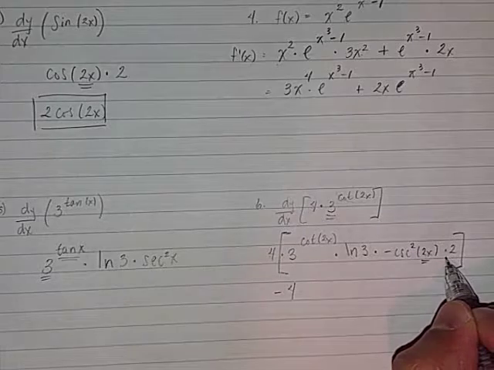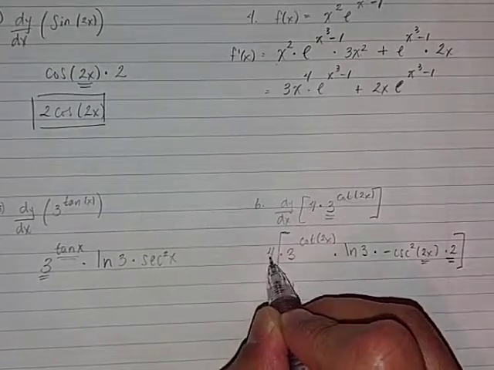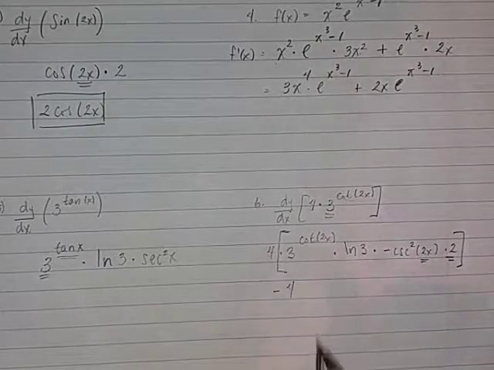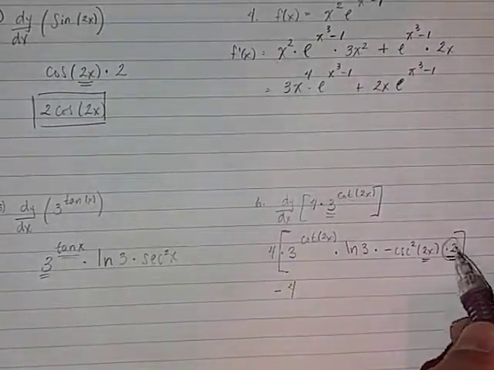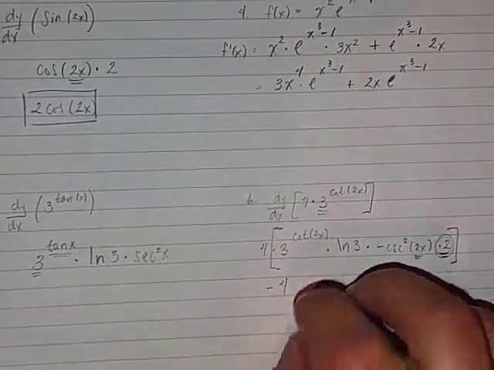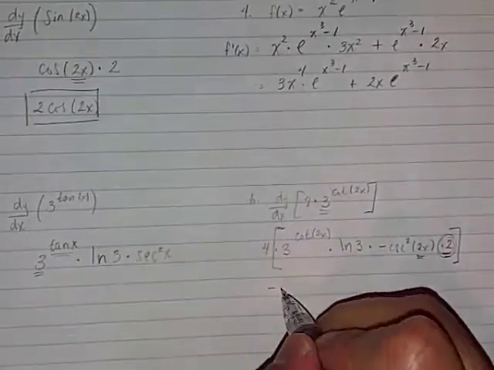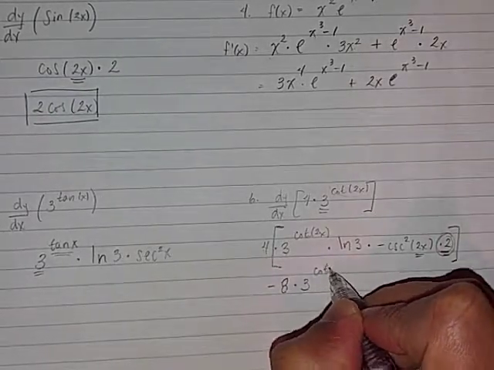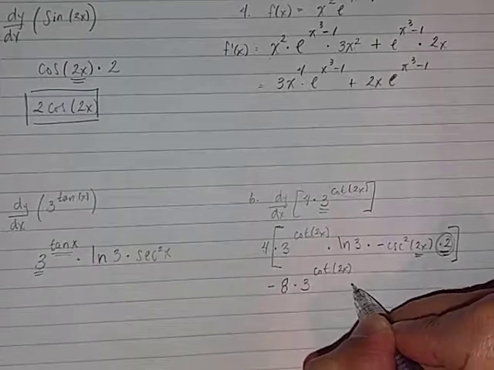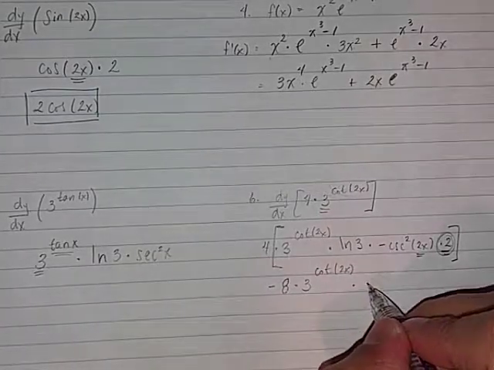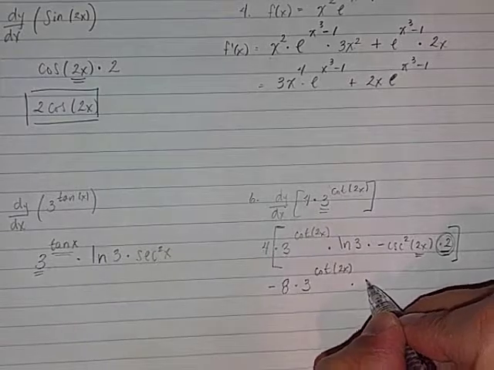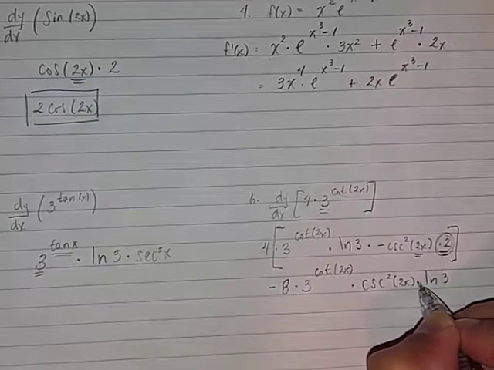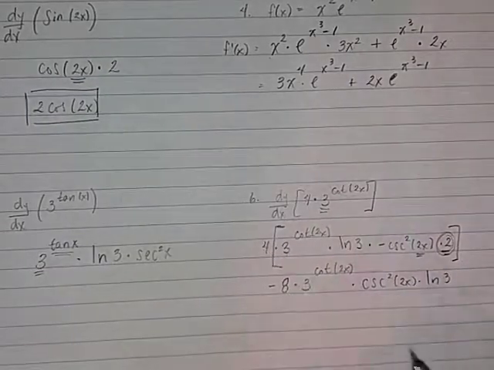And then this one is times 2. Notice that this is a base, so I cannot multiply it here. But this is just a constant, a multiplier, and so is this. So I'm going to multiply those, and that should be negative 8 times 3 to the cotangent of 2x times, I'll put the cosecant squared of 2x times ln of 3. Okay, and that would be it.